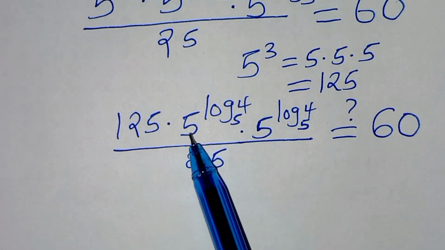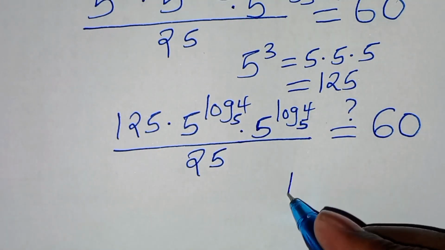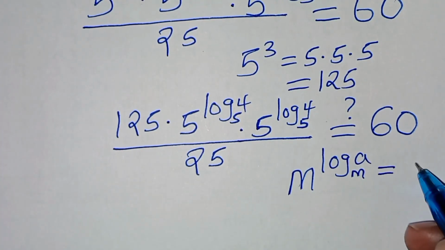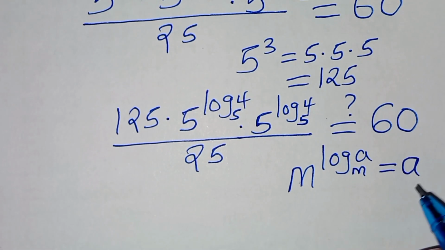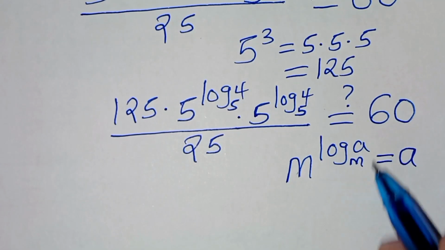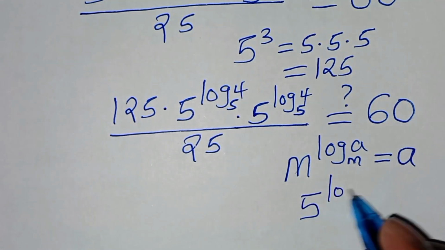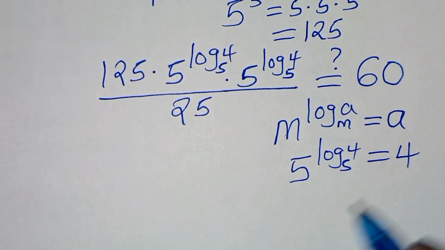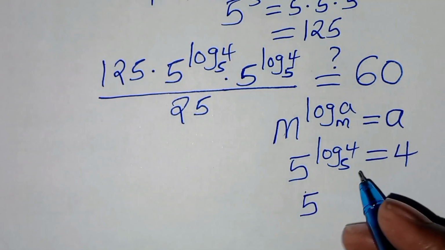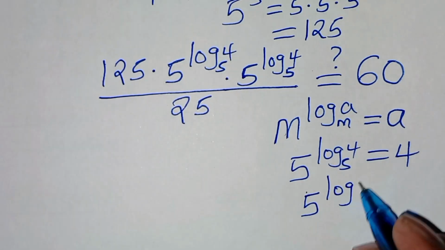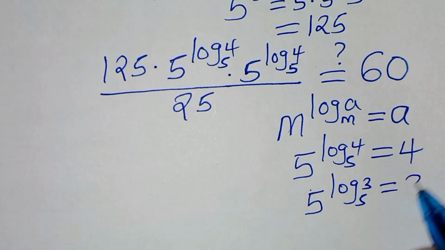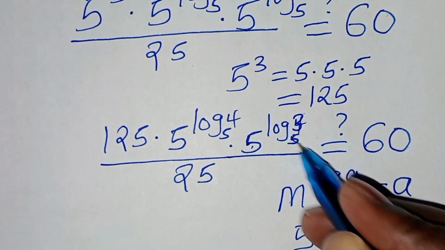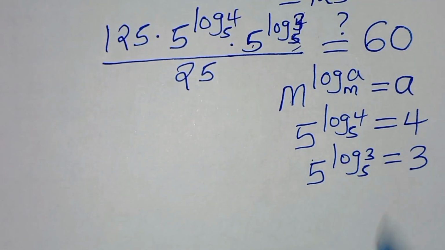5 to the power log 4 to base 5 is in the form of m to the power log a to base m, and this essentially gives us a value of a. Applying this logarithm property, 5 to the power log 4 to base 5 gives us a value of 4, and 5 to the power log 3 to base 5 gives us a value of 3. So let's substitute this.